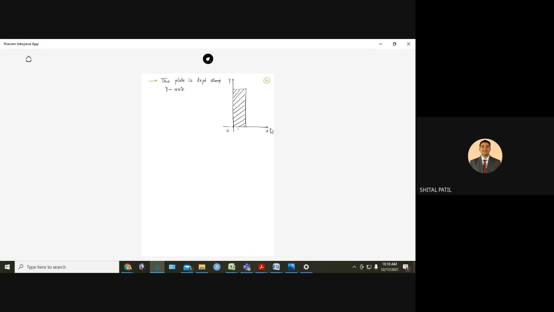This is y equal to 0. X equal to how much? 10 centimeter, isn't it? Getting everyone?